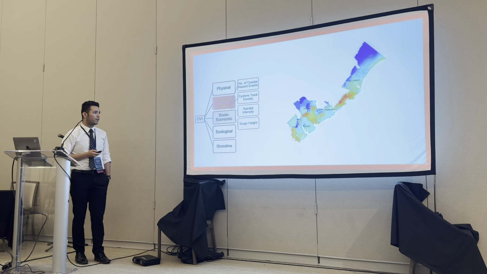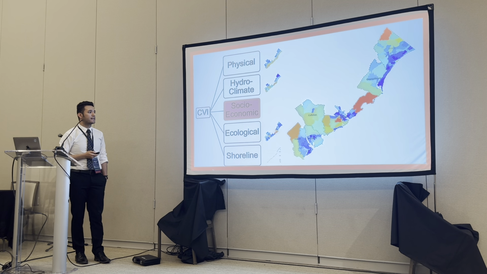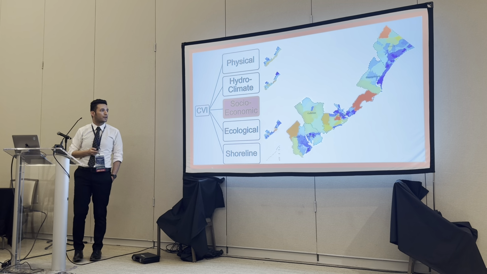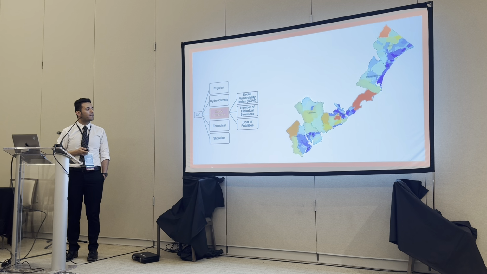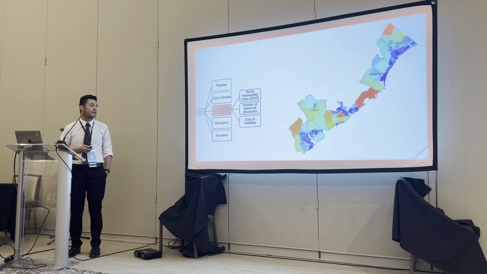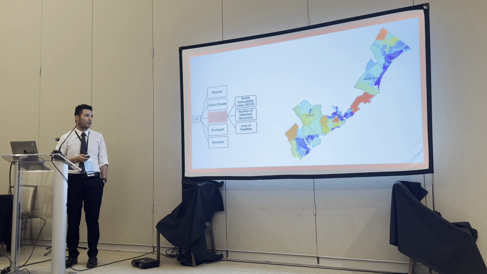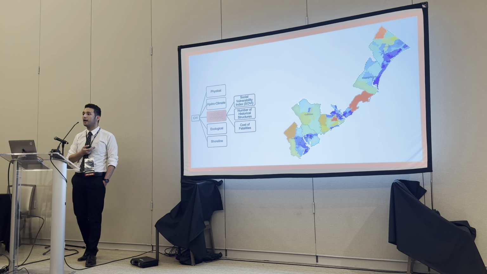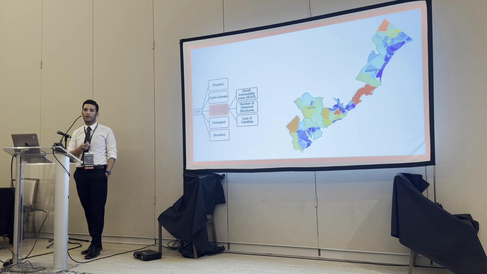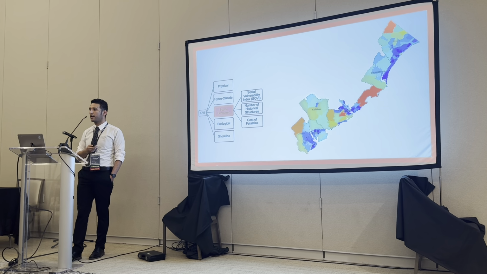The third vulnerability index that we calculated is the socioeconomic vulnerability. For this one, we studied 3 different factors: cost of fatalities, number of historical structures, and SOVI factor, or social vulnerability index, which was developed by the Hazard Vulnerability Institute of the University of South Carolina a couple of years ago.